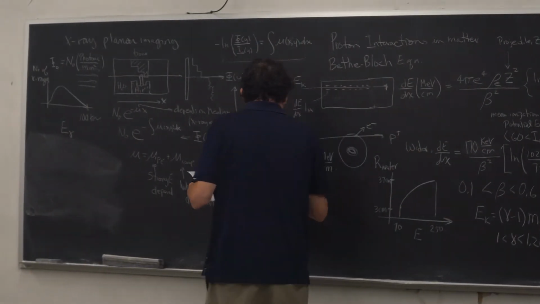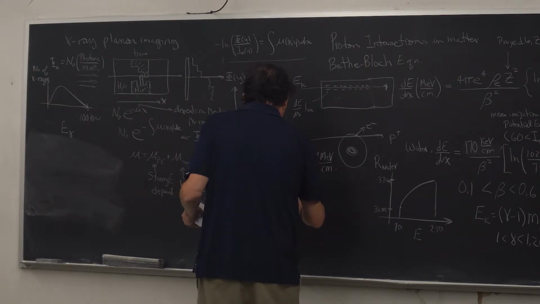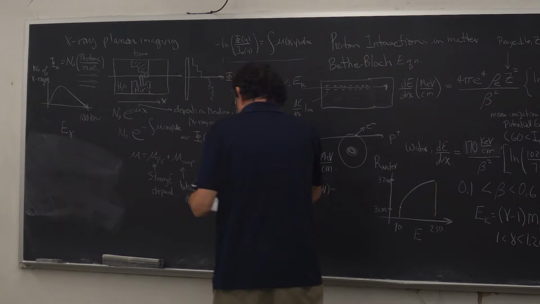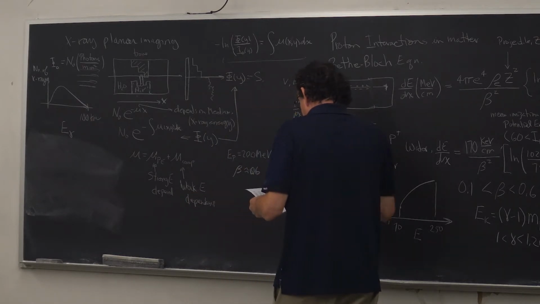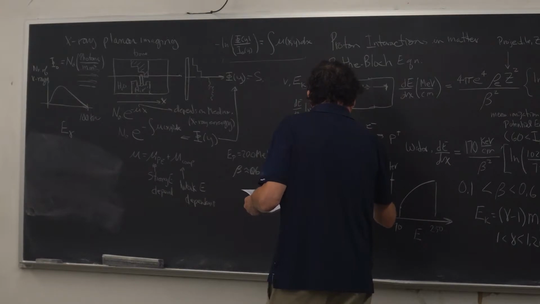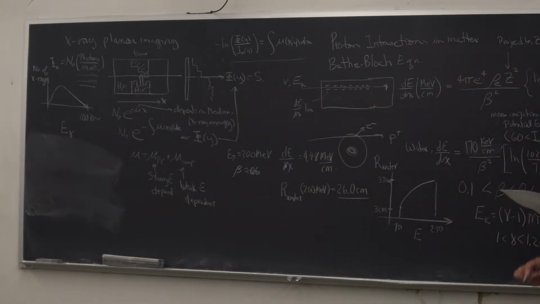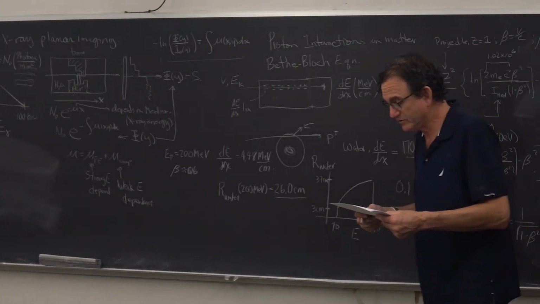So we get that the range of protons in water for 200 MeV is given by, let's call it 26.0 centimeters. Right? 26 centimeters of range in water. So that's also very nice to know.